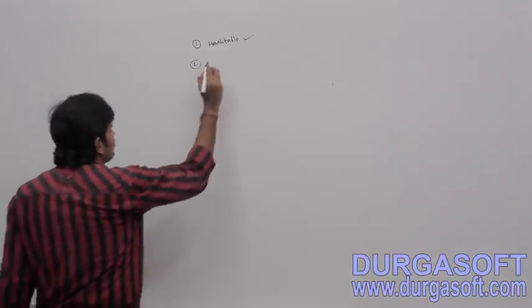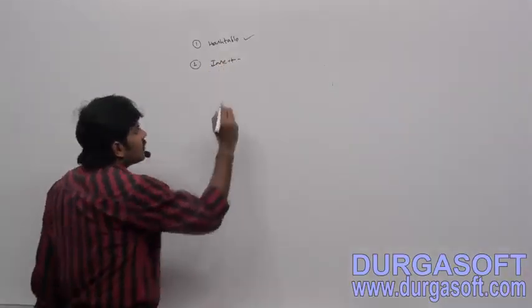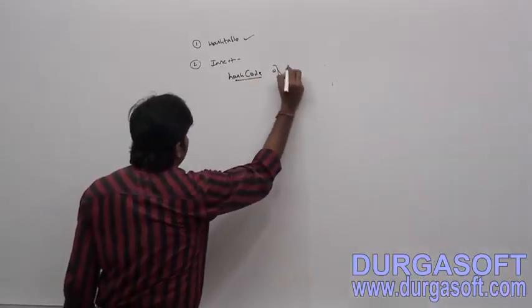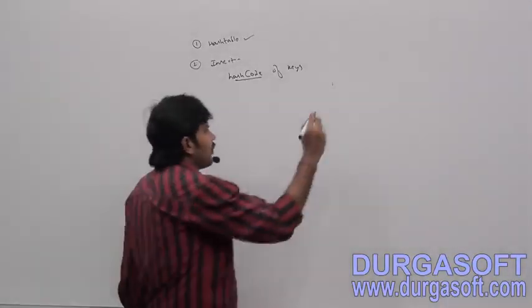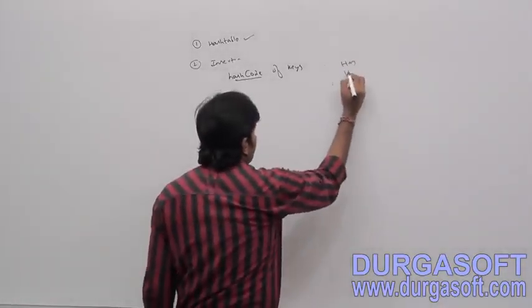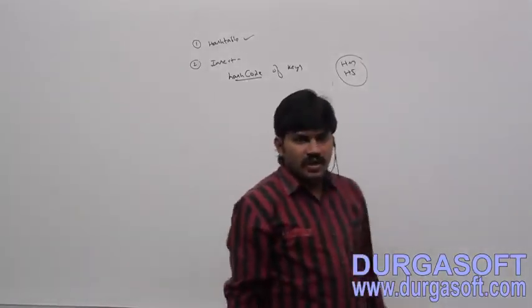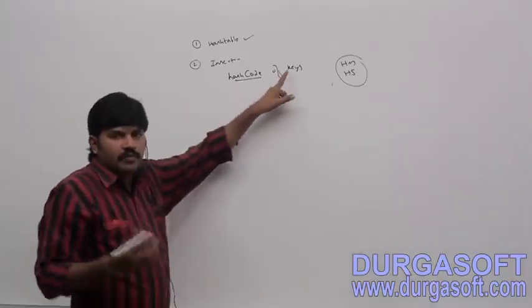Can you tell if insertion order is preserved or not preserved? Not preserved, and it is based on hash code of keys. Even for hash map and hash set I told the same point. So based on the hash code of the keys, the key value pairs by default will be inserted.